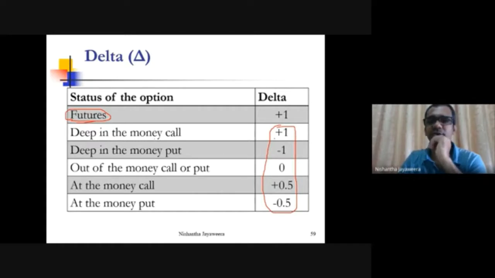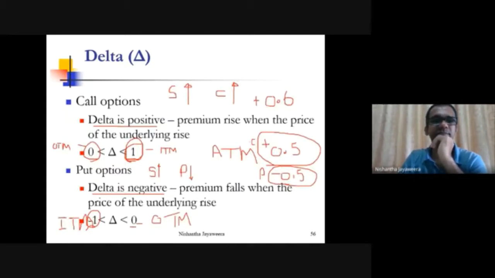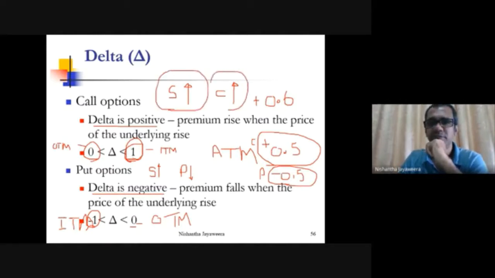Here I explained that the delta of a call option is between 0 and 1. That is plus. Again, remember, this is from the buyer's perspective. But from the seller's perspective, it is -1 to 0, because when the spot price increases, the premium, or the value of the option, increases, and you have already sold the option.